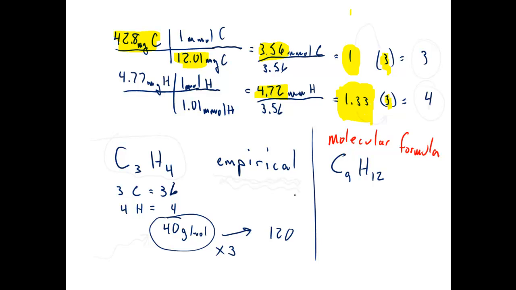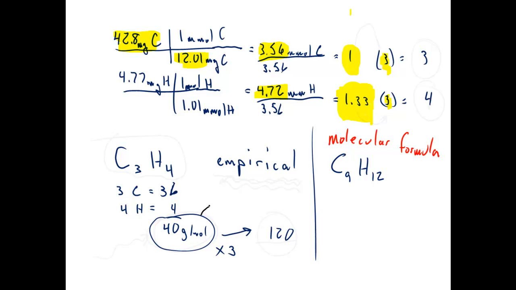And we were told that our molecular formula was somewhere between 115 and 125. So I've used a molar mass of about 120. Now, I can see that if I divide 120 by 40.0, I'm going to get 3.